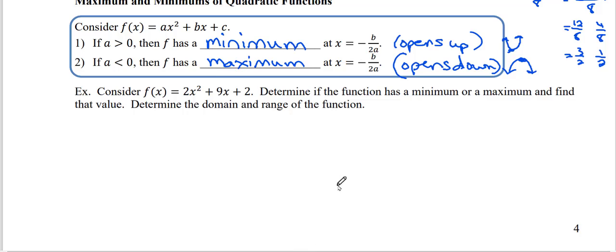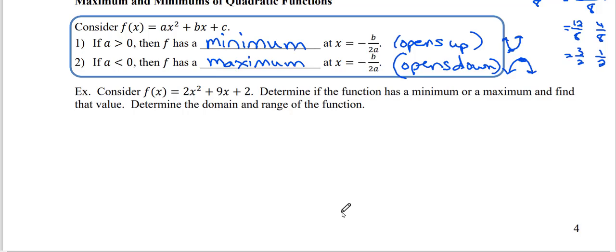We're going to use this idea of domain and range, minimum, maximum to answer this question down here at the bottom. We have this function 2x squared plus 9x plus 2. Determine if the function has a minimum or a maximum and find that value.